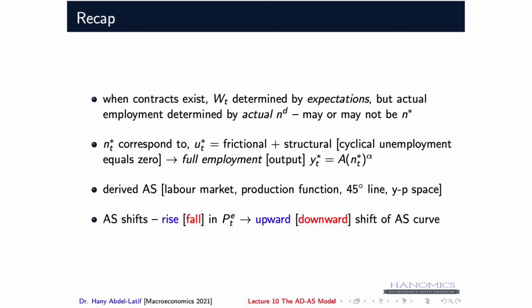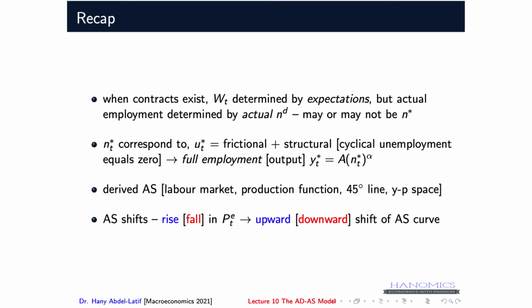Structural unemployment is when you have people with skills that do not necessarily match the skills that are required. You have jobs that require some skills and workers looking for jobs, but they have a different set of skills. This kind of mismatch between both sides is what we call structural unemployment.